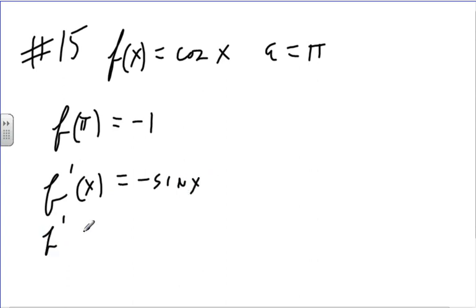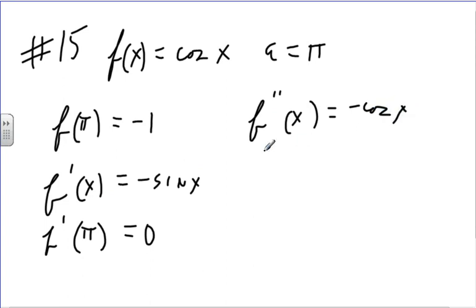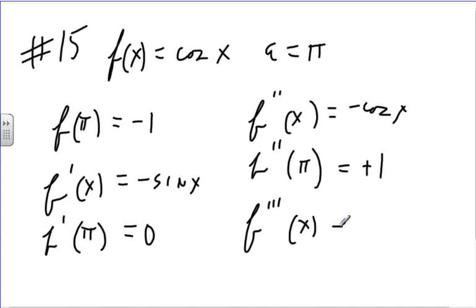F prime at pi is 0. F double prime x is minus cosine. F double prime at pi is plus 1, because cosine pi is minus 1, minus minus 1 is plus 1. F triple prime x is sine x. F triple prime at pi is 0, and then we repeat ourselves.